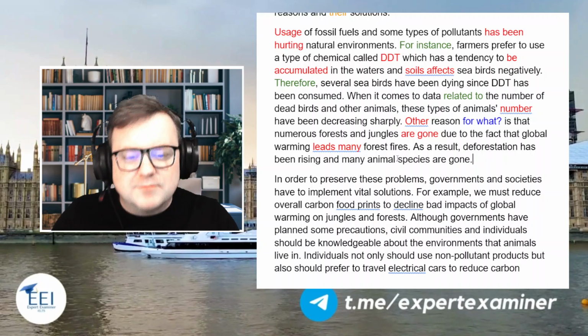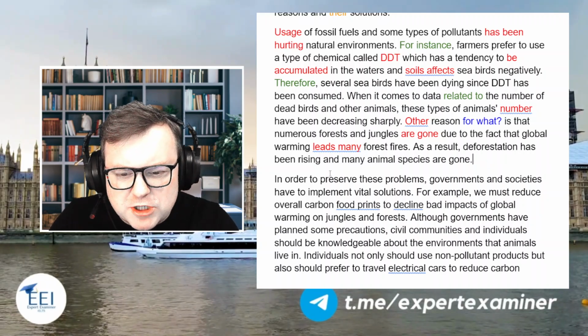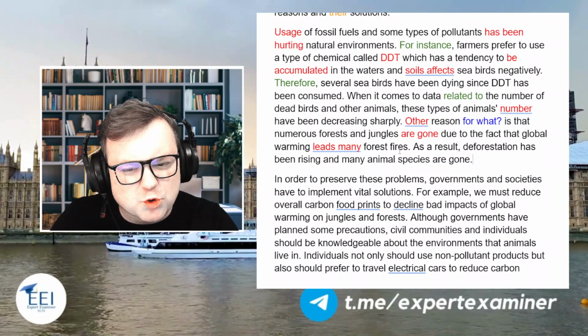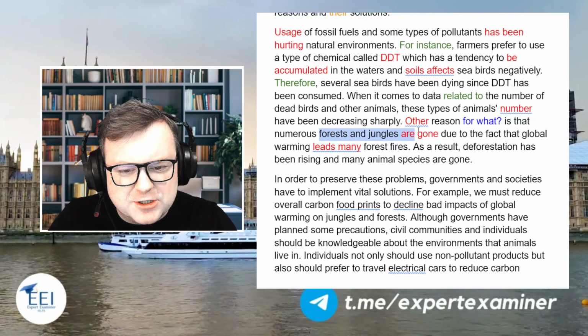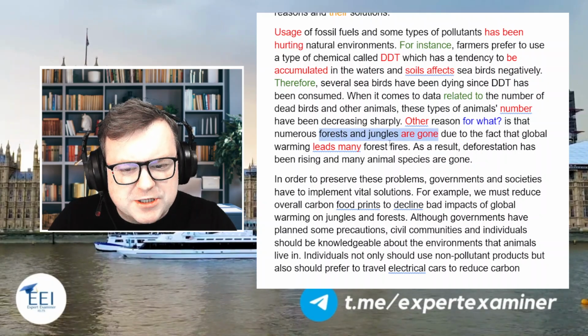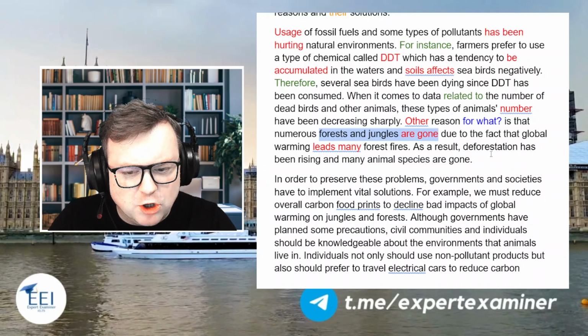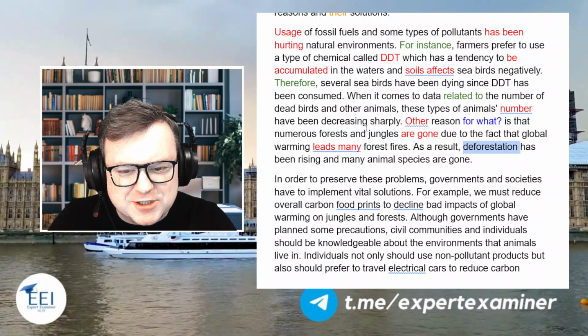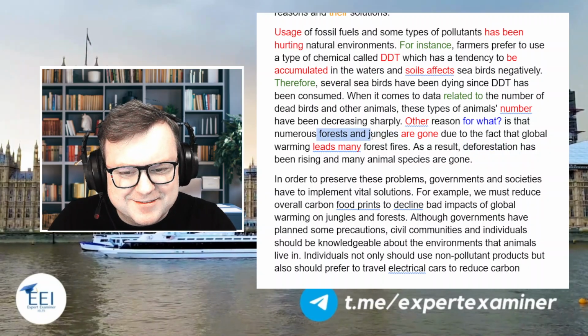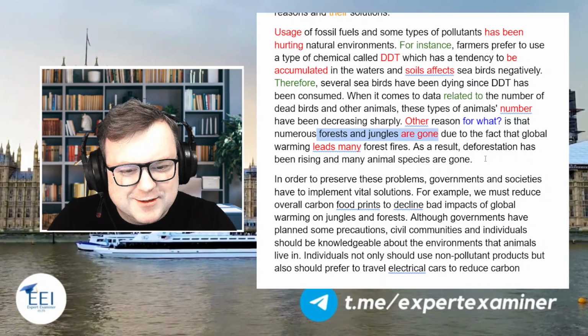You might be right. As a result, deforestation has been rising. Well, that's tautology, right? Forests and jungles are gone. As a result of forests and jungles being gone, we have no forests and jungles. Deforestation is forests and jungles are gone.